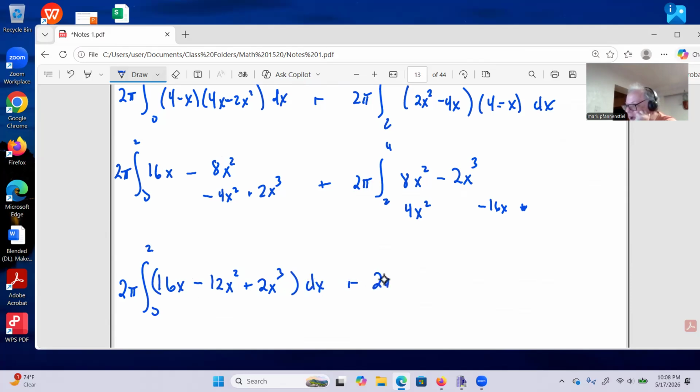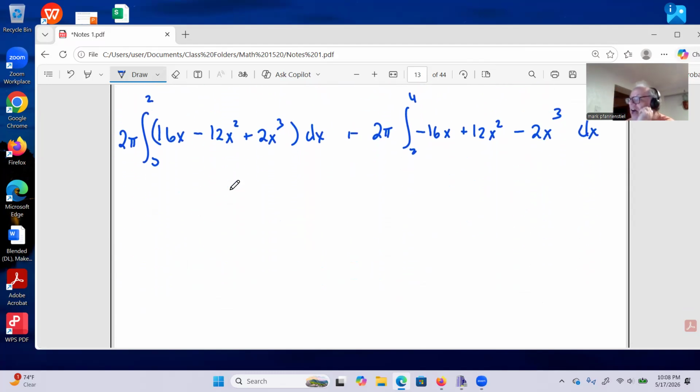Plus 2 pi, 2 to 4. Let's see if we can put this together. We have negative 16x, and it looks like these are added, so plus 12x squared minus 2x cubed, dx.